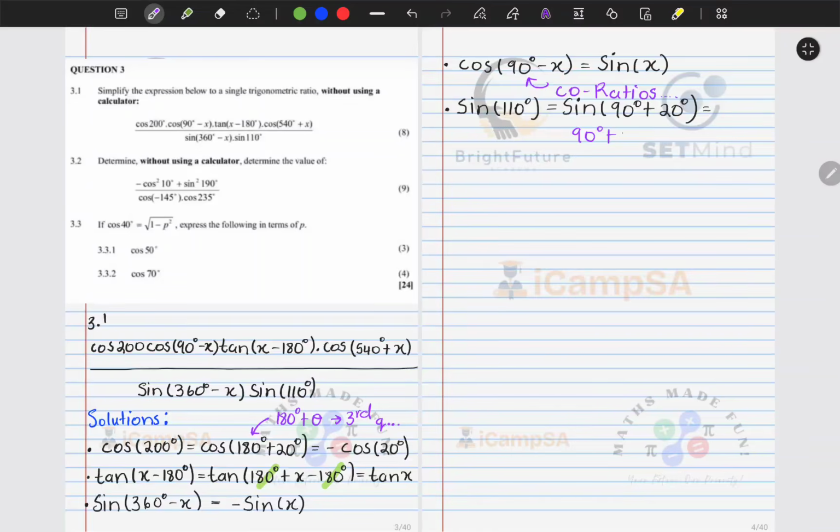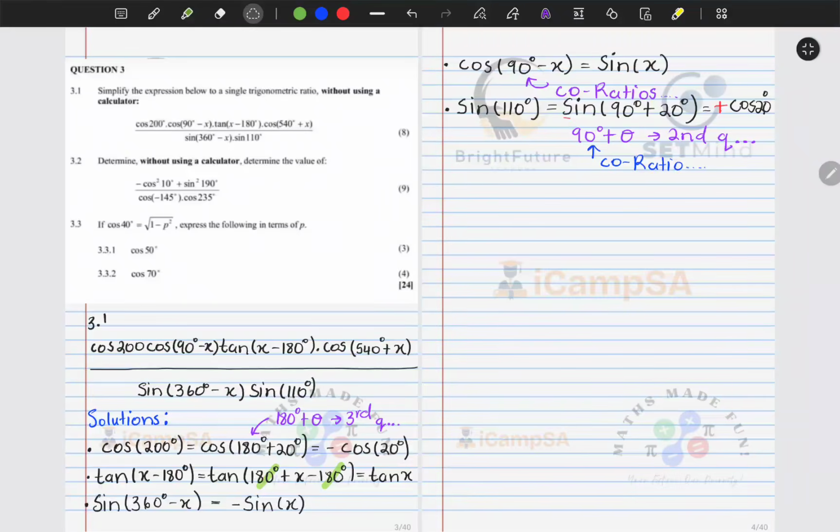Whenever you see 90 degrees plus theta, be aware that this is in the second quadrant, and you convert from a sine to a cos, because this is a co-ratio. We know that sine is positive in the second quadrant. So we are saying 90 plus, which means we're just going to have cos of 20 degrees. That is what we end up having.